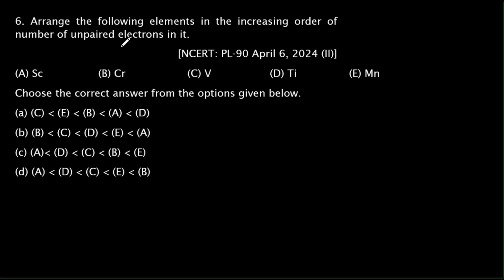The next question is to arrange the following elements in increasing order of number of unpaired electrons. You have to know the electronic configuration of these elements. The first one is scandium, which has the electronic configuration argon 3d1 4s2. Then you have chromium, 3d5 4s1.